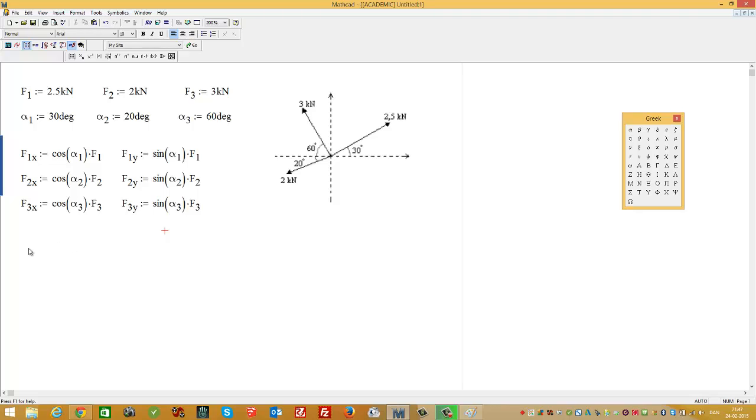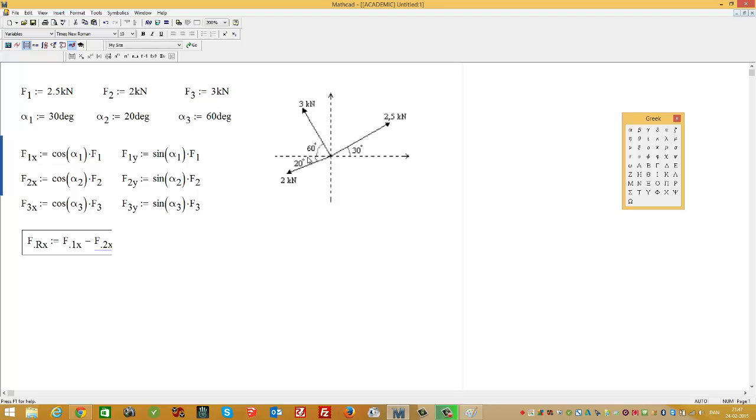Now I'll take the sum for the ones in the x direction, so I need to have a clever name. I think I'll name it just Frx. Then I know it's the resultant in the x direction. And the first one here is positive because that's pointing to right. So I set F1x. For the second force, it's negative because it's pointing to left. So it's minus F2x.